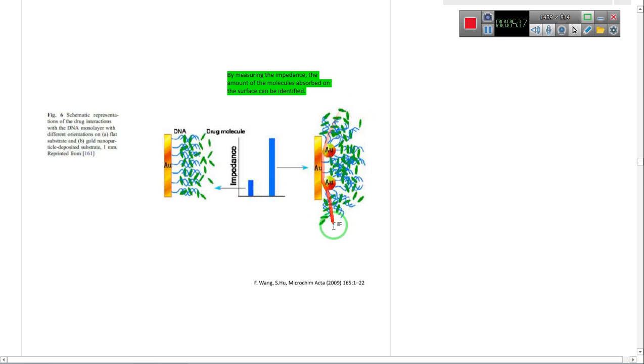For example, when there are a lot of drug molecules, the resistance of the solution increases, so that the passage of the electrons will decrease, so the impedance has been increased. So again, it can be used as a sensor.